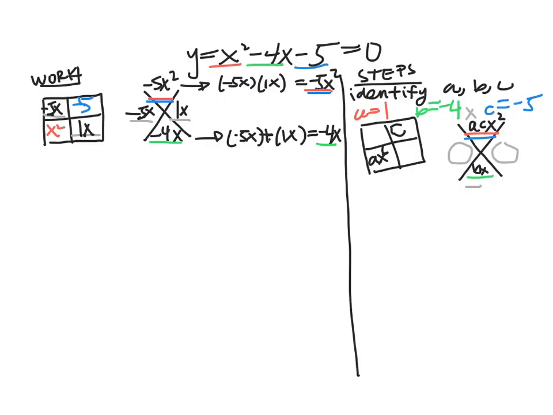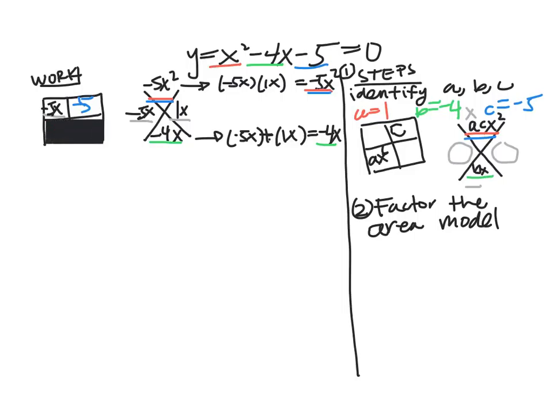So here's the part where most of us are having some issues, so I'm going to chunk that up, and the second part is going to be factor the area model. The way I think about it is, let's say I'm covering this part right now. I ask myself, what goes into -5x and -5? It's like the greatest common factor.